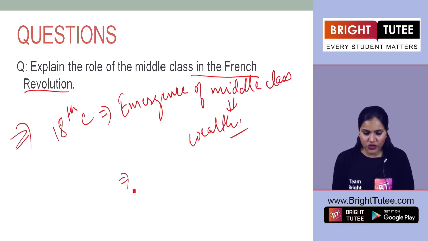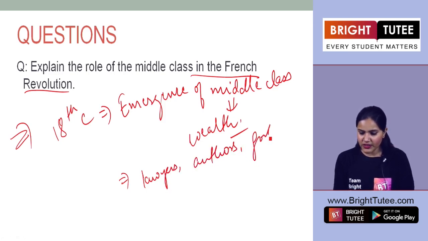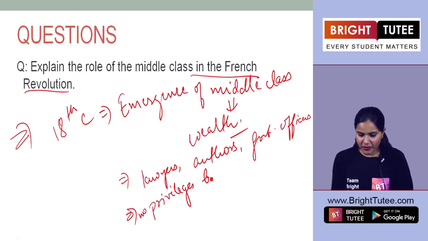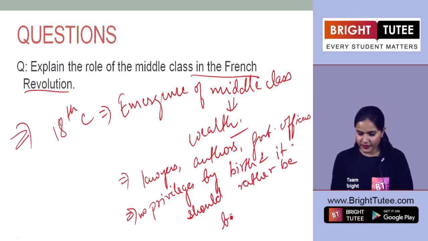Third state also included people from various professions such as lawyers, authors, government officers, and so on. Also, they believed in the idea that there should be no privileges by birth and it should rather be based on merit.